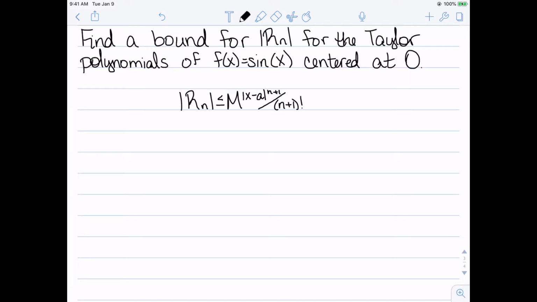So I know the absolute value of Rn is less than or equal to m times the absolute value of x minus a to the n plus 1 over n plus 1 factorial. In this case, we're centered at 0, so a is going to be 0. And my m value is going to be 1, since, like I said, this entire function is bounded between 1 and negative 1.